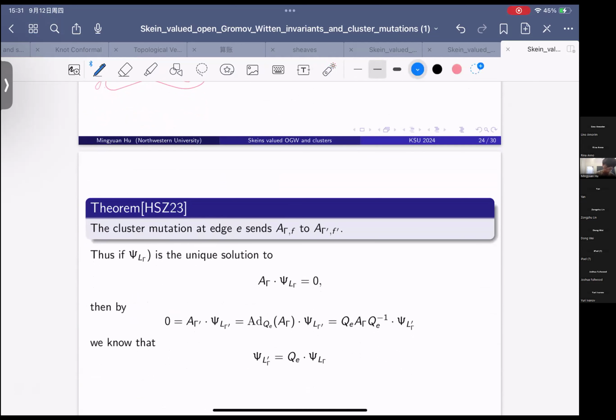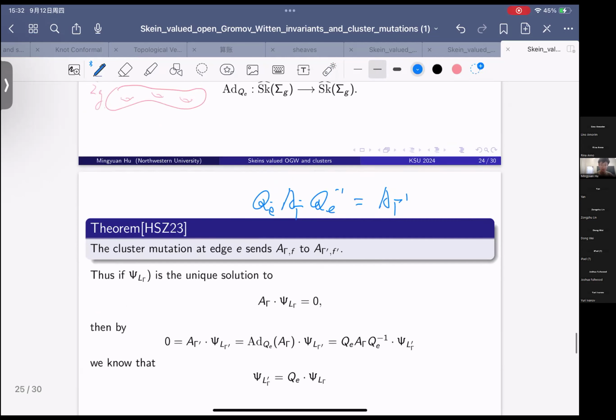If we write this down, this means that QE A times QE inverse is A gamma prime. Sorry, this is gamma. So roughly speaking, that's the main theorem. This recurrence relation is preserved under cluster mutation.